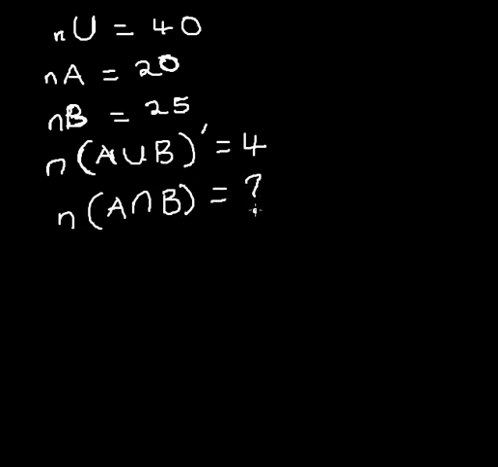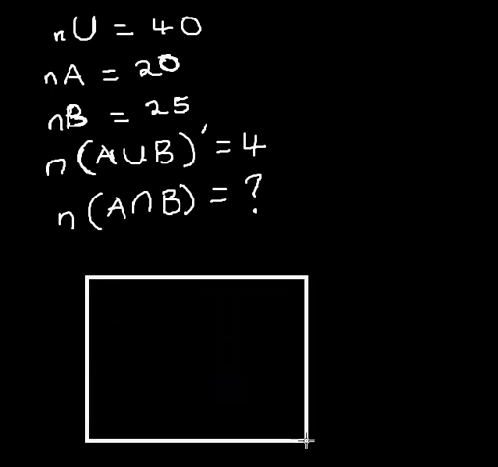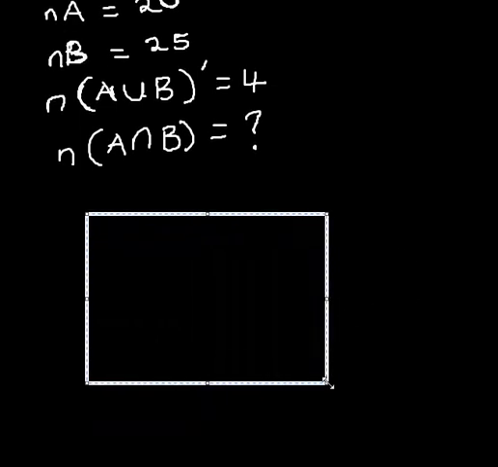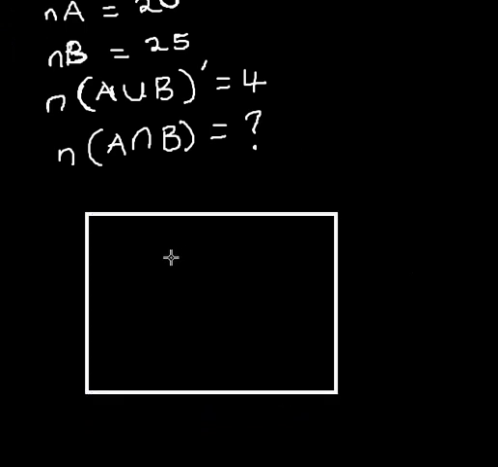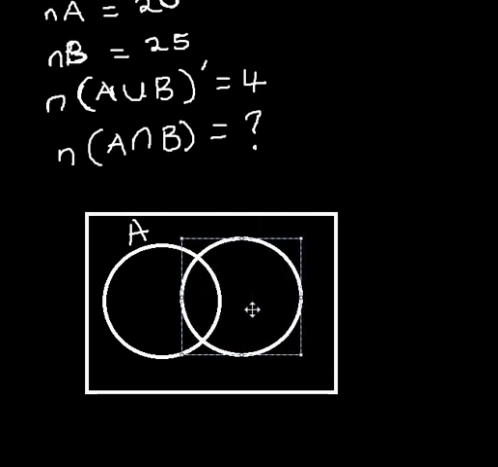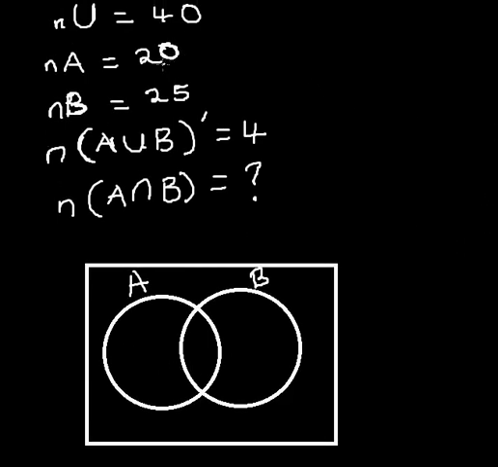We can represent this information in a Venn diagram, and it will be easy for us. In a Venn diagram, there are two sets, set A and set B. Putting our values there, we are told that the entire set A is 20.